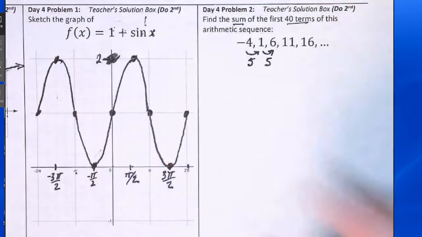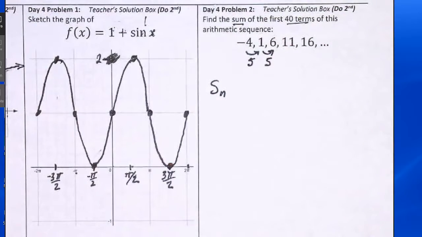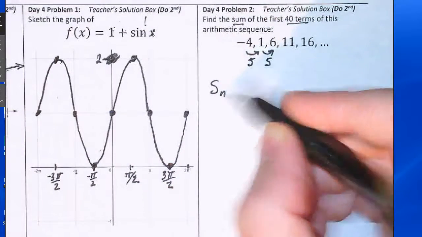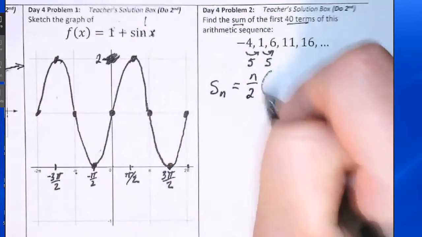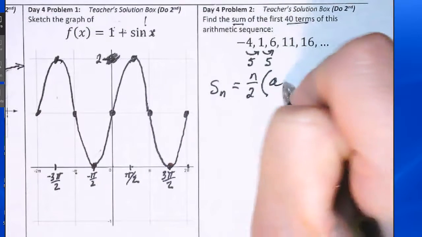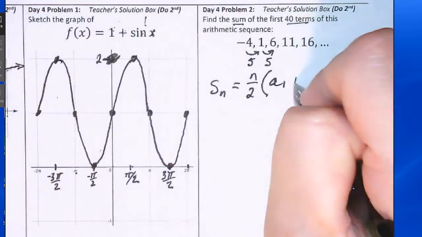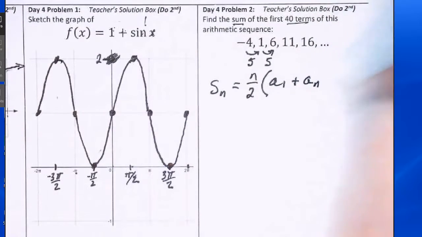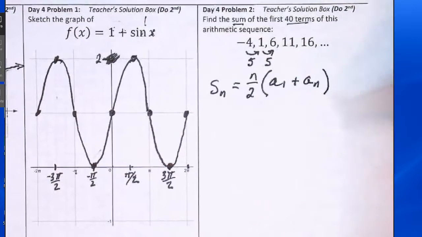There's a formula we can use to find the sum of an arithmetic sequence. The formula looks like this. S sub n equals n divided by 2 times the first term of the sequence. We use a sub 1 to represent that, plus the last term of the sequence. We'll use a sub n to represent that.